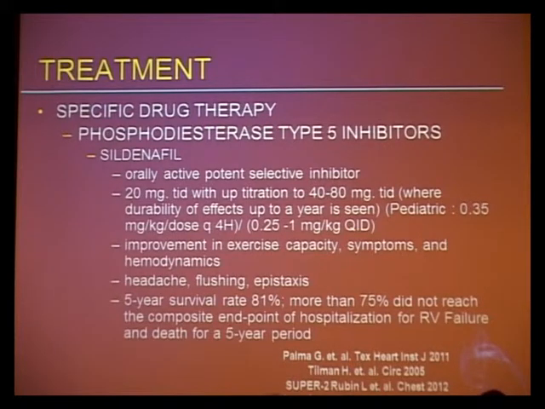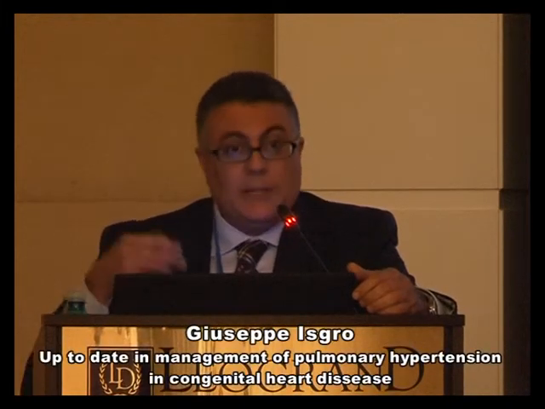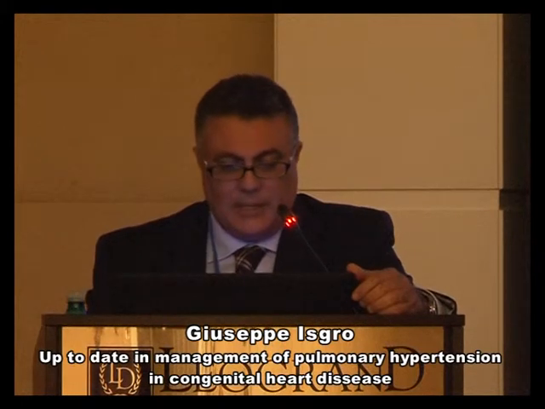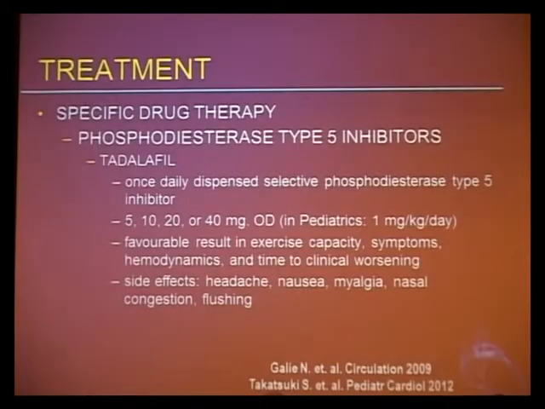And then, when we have to wean the patient from nitric oxide, we start again with oral sildenafil. And we discharge the patient at home with oral sildenafil. Tadalafil is another phosphodiesterase 5 inhibitor, but the most used is sildenafil till now. Others are coming.